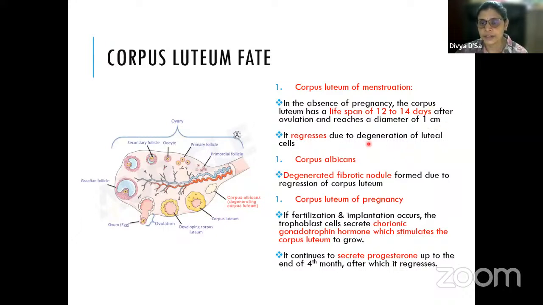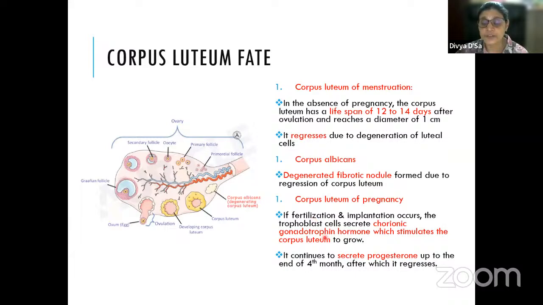Then it regresses because the progesterone is withdrawn, and there is degeneration of these luteal cells. This stage we call the corpus albicans. It is nothing but a degenerated fibrotic nodule, formed because of the regression of the corpus luteum.